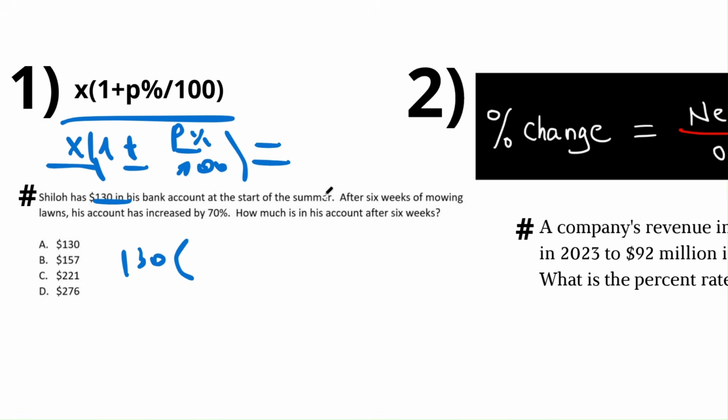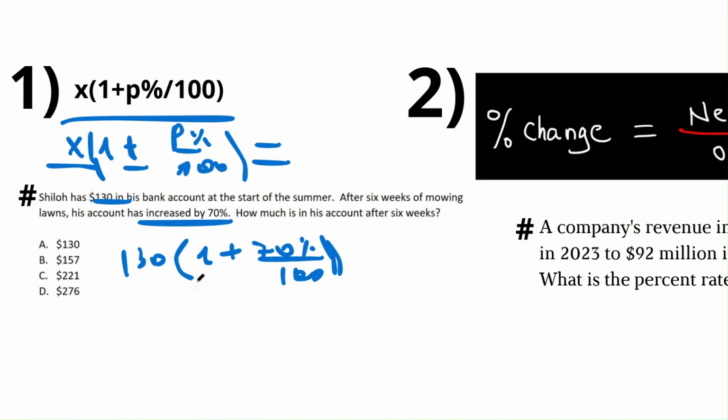Then after 6 weeks of moving loans, his account increased by 70%. It is important to pay attention to this part. Since it says increased by 70%, we have to add 70% over 100. This is just a very formal way of doing it, but for yourself, you don't necessarily have to divide by 100. You can do it in your head and get 0.7 as a decimal. The 1 is important all the time here.